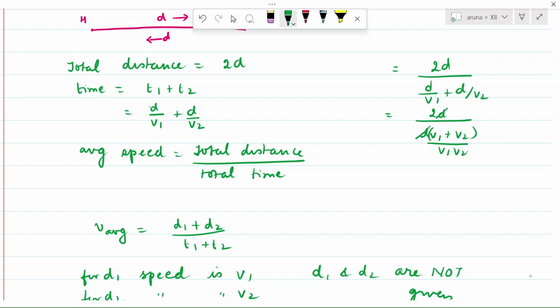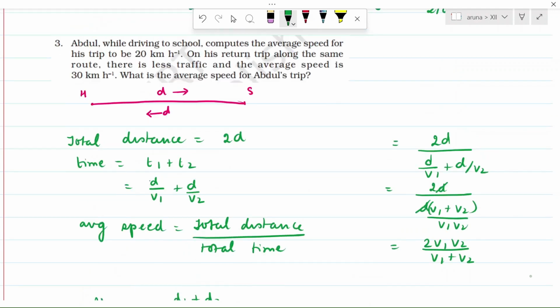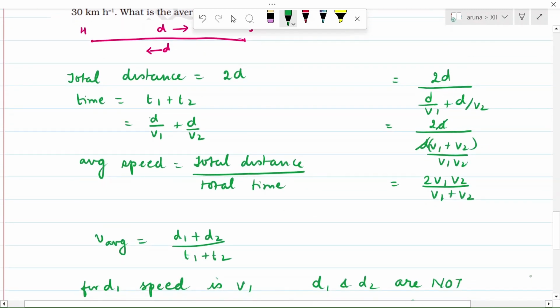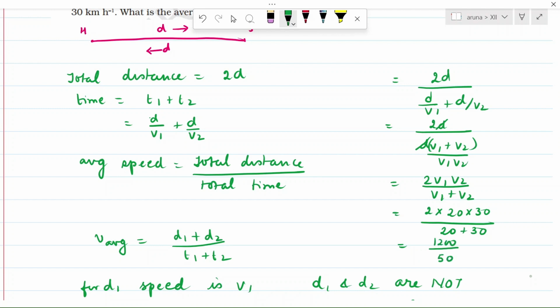D cancels here. So you have 2 v1 v2 upon v1 plus v2. Now what are the two values? 20 and 30. So you just have to put the values. So here it's 2 times 20 times 30, 1200, divided by 50. So answer is 24.